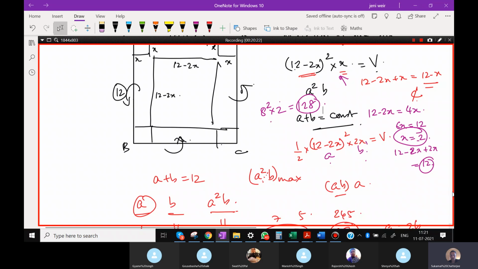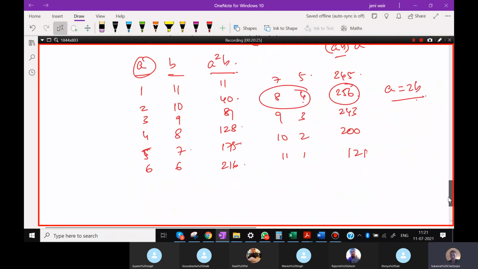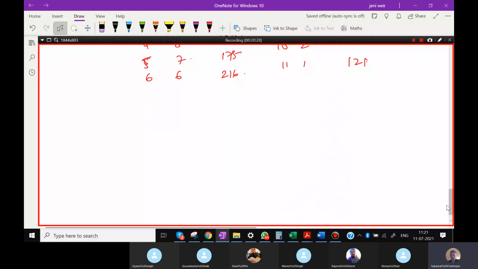Okay, so that was about some examples of arithmetic mean greater than or equal to geometric mean. Remember, you can apply AM greater than or equal to GM under two conditions. One is that a and b have to be positive real numbers.